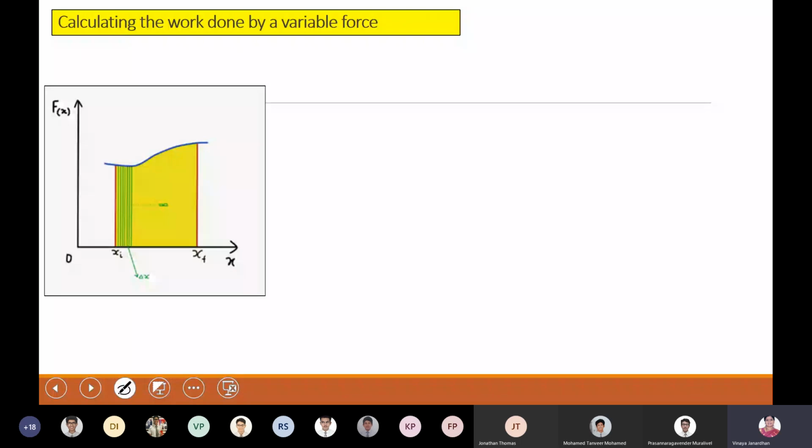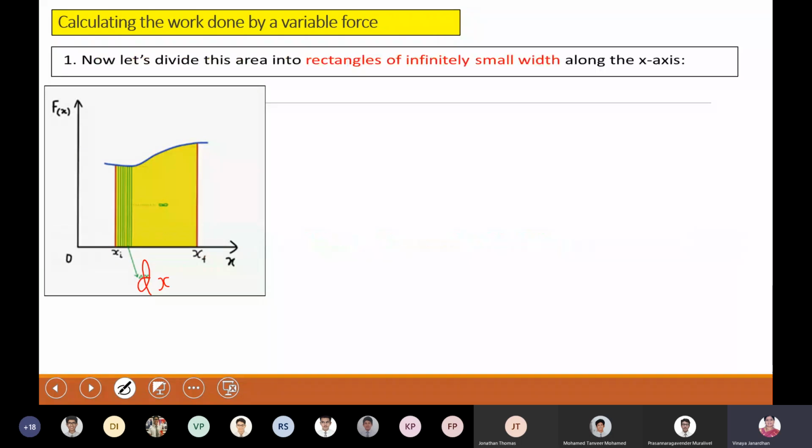What you can do is divide this entire area into a number of smaller strips, a rectangle, or we call this a strip. So you are being introduced to integral calculus now.